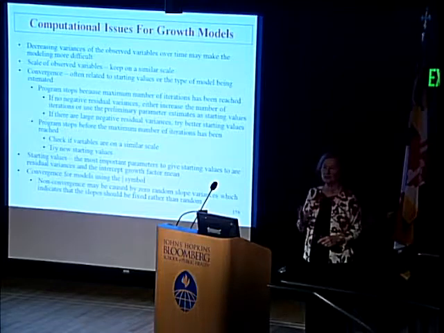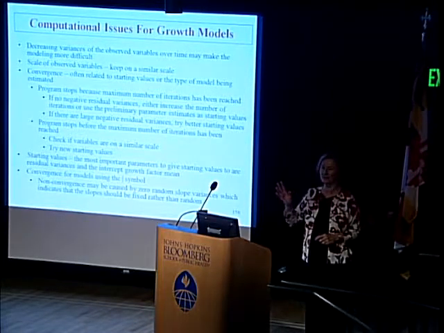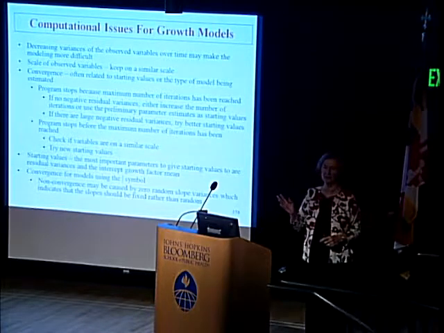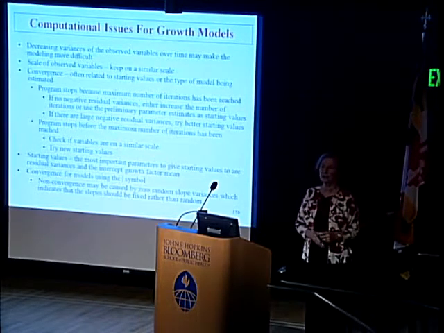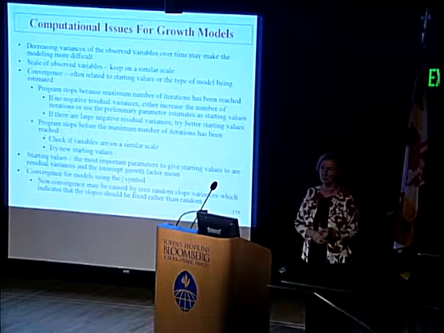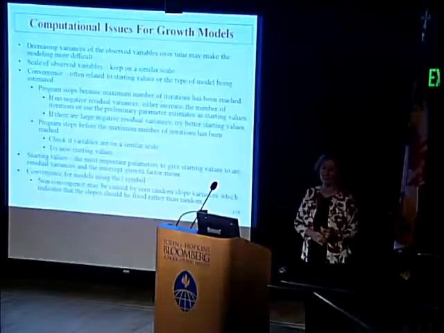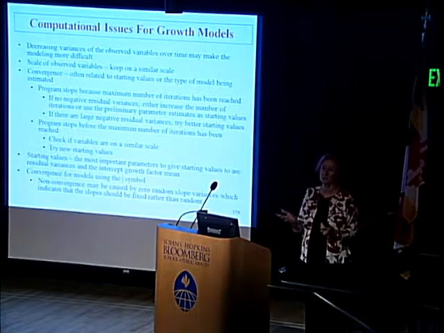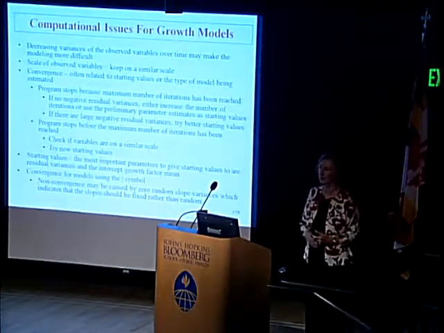And it's a good idea not to have one that has a variance of 4,000 and another that has a variance of 0.4. You want to try to keep the variables with similar variances. And you can rescale a variable by dividing it by a constant, and this will not change its relationship with other variables. That's continuous variables we're talking about, not categorical.